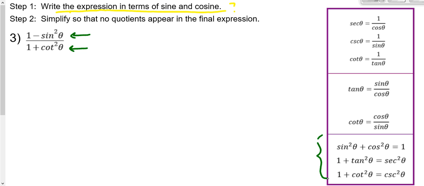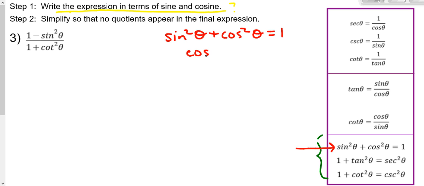So let's see. 1 minus sine squared theta. That should remind us of the first Pythagorean identity, sine squared theta plus cosine squared theta equals 1. If we subtract sine squared theta from both sides, we have cosine squared theta equals 1 minus sine squared theta.